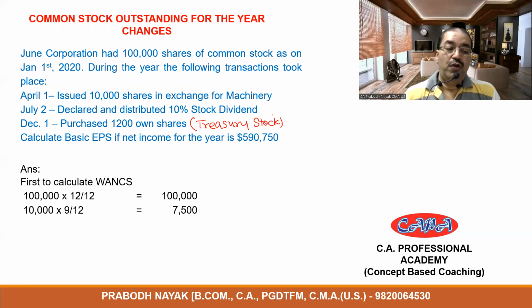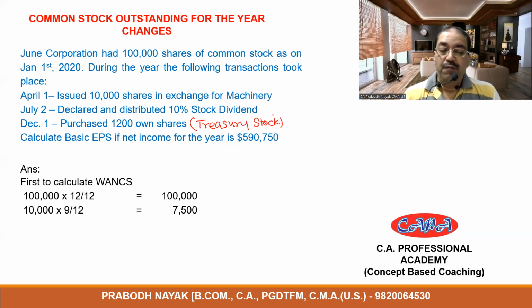Then we had on July 2nd, declared and distributed 10% stock dividend. Very important point. Whenever stock dividend is declared, those shares which are declared as stock dividend will be assumed to be outstanding from the date on which the original shares are outstanding.